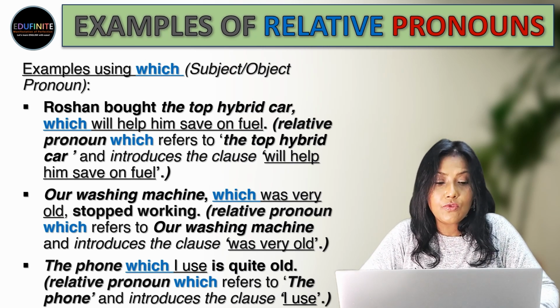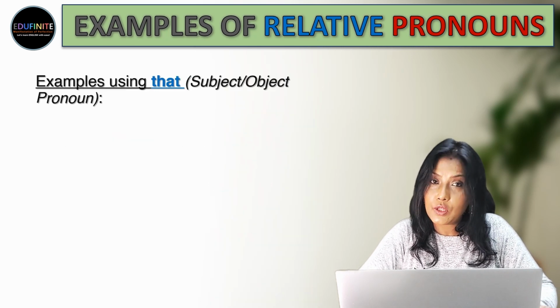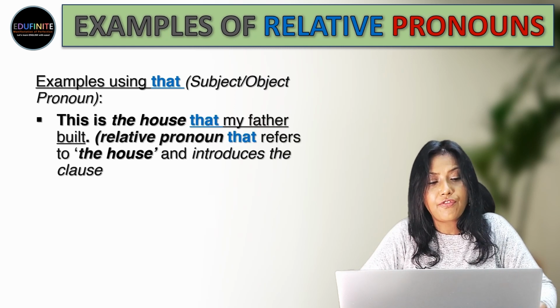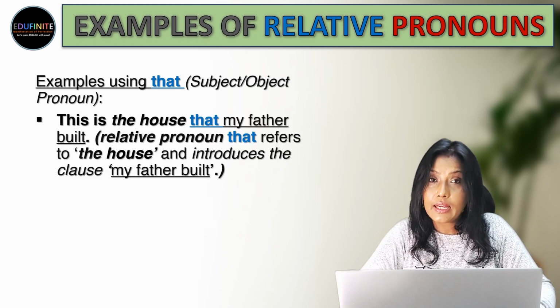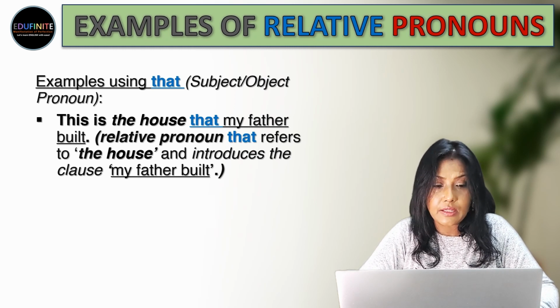Okay. Next, we move on to examples using that, which is also a subject as well as an object pronoun. So this is the house that my father built. Now, relative pronoun is that, which heads the relative clause my father built. And this is the house is the independent clause.